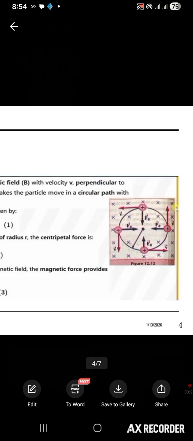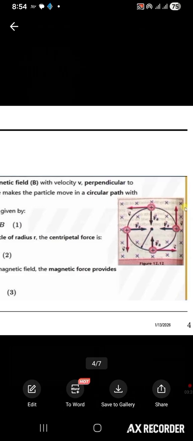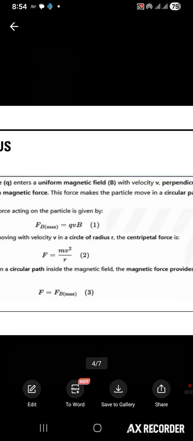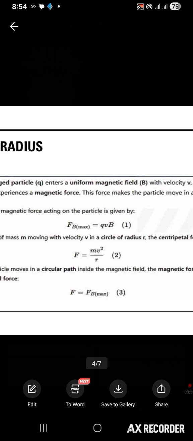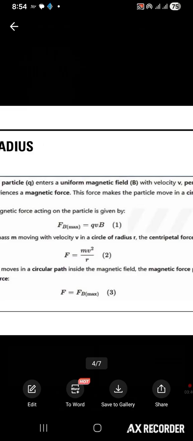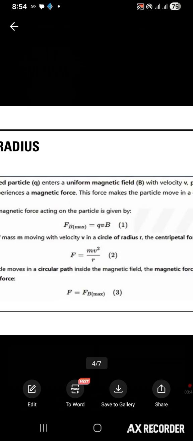This is actually the magnetic force. We have seen in the previous chapter, which we discussed yesterday, that the magnetic force is equal to qvB, and in vector form, q multiplied with v cross B, right? That was the magnetic force.